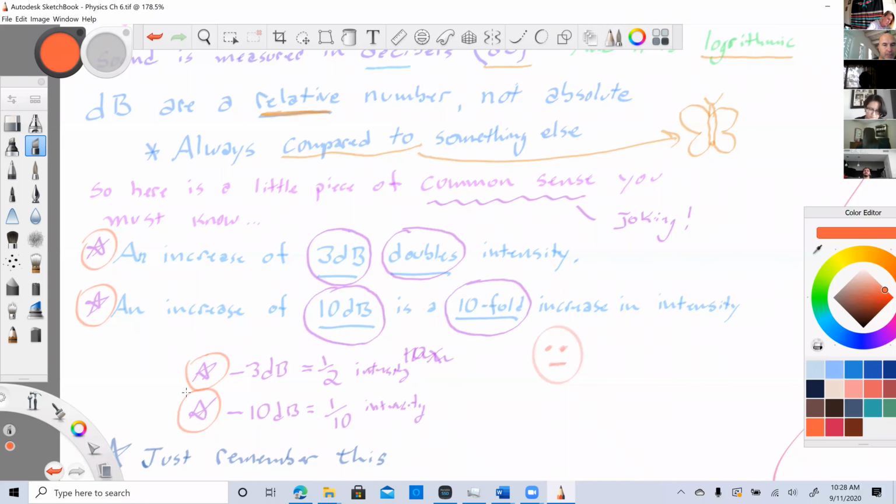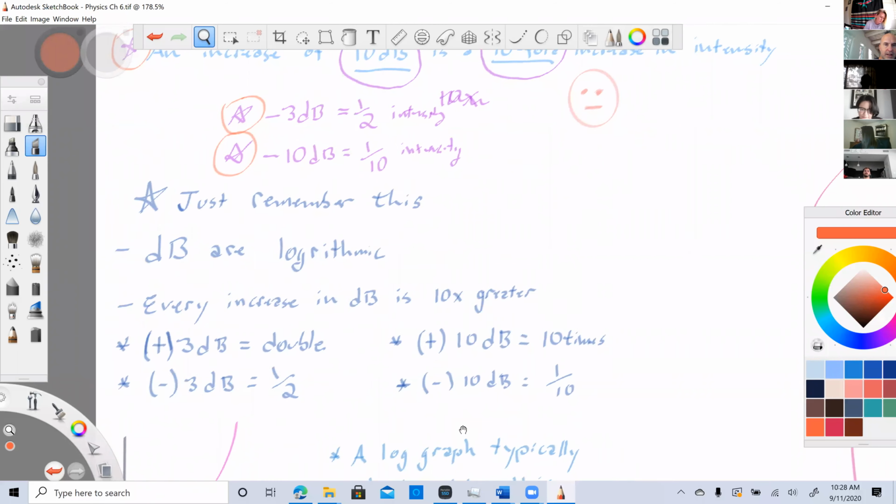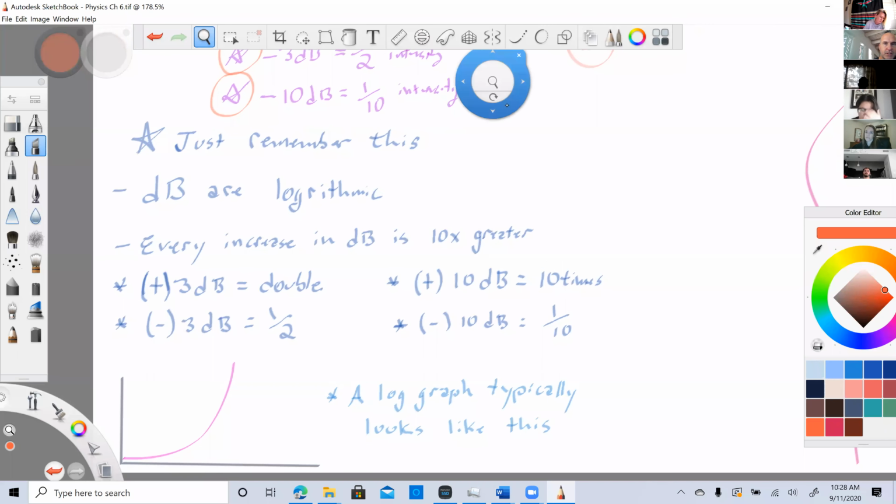The other thing about this, actually I have this written somewhere else. I don't have to say this right now. So this is what you need to know. Decibels are logarithmic.